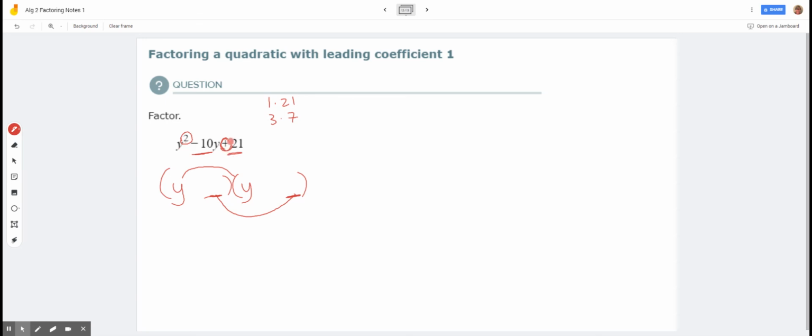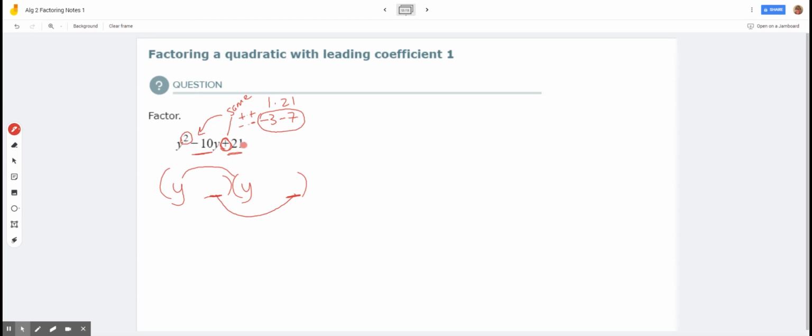Well, this plus tells you that the signs are the same. They're either plus plus or minus minus, because a negative times a negative is a positive, and a positive times a positive is a positive. So this will tell you what sign they are. Because a negative 3 and a negative 7, when you multiply them, they equal positive 21.